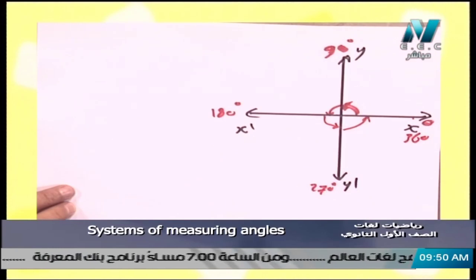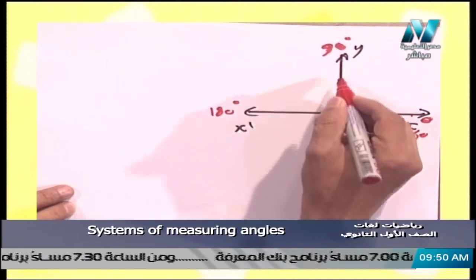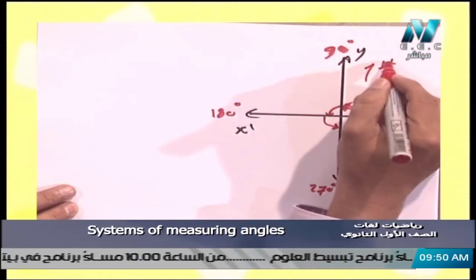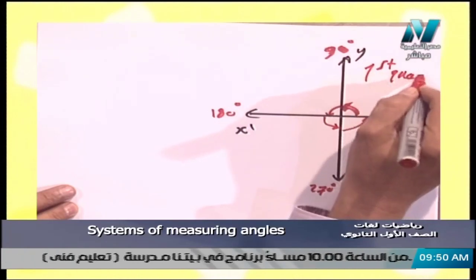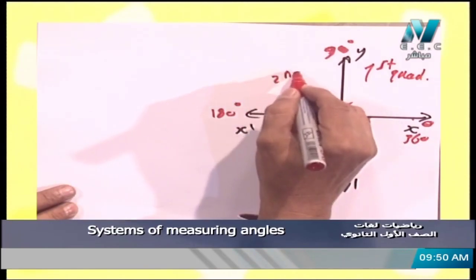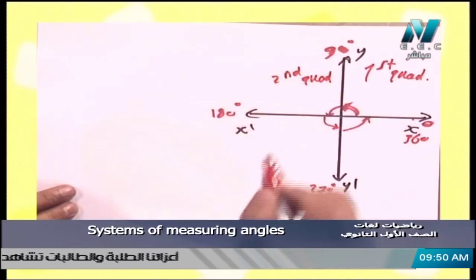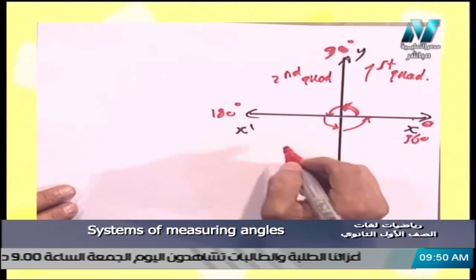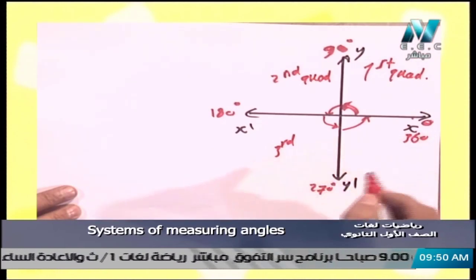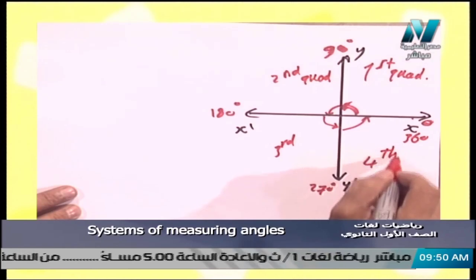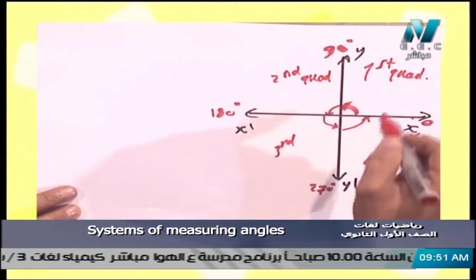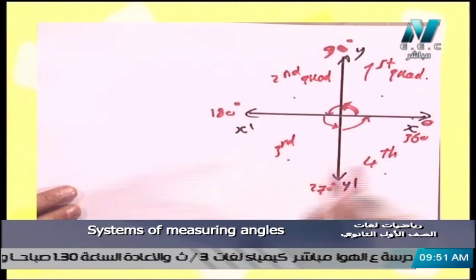So from 0 to 90 is the first quadrant, between 90 and 180 is the second quadrant, between 180 and 270 is the third quadrant, and between 270 and 360 is the fourth quadrant. So we have 4 equal parts, or 4 quadrants: the first, second, third, and fourth.